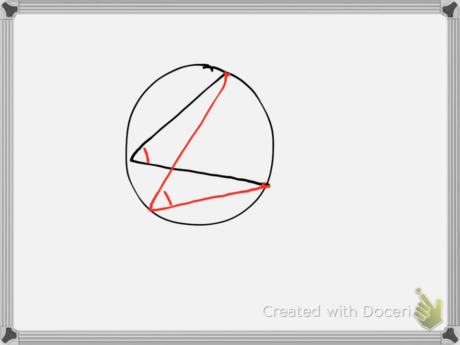So if this is 10 degrees, then this is 10 degrees, okay? Those two angles are always going to be the same.